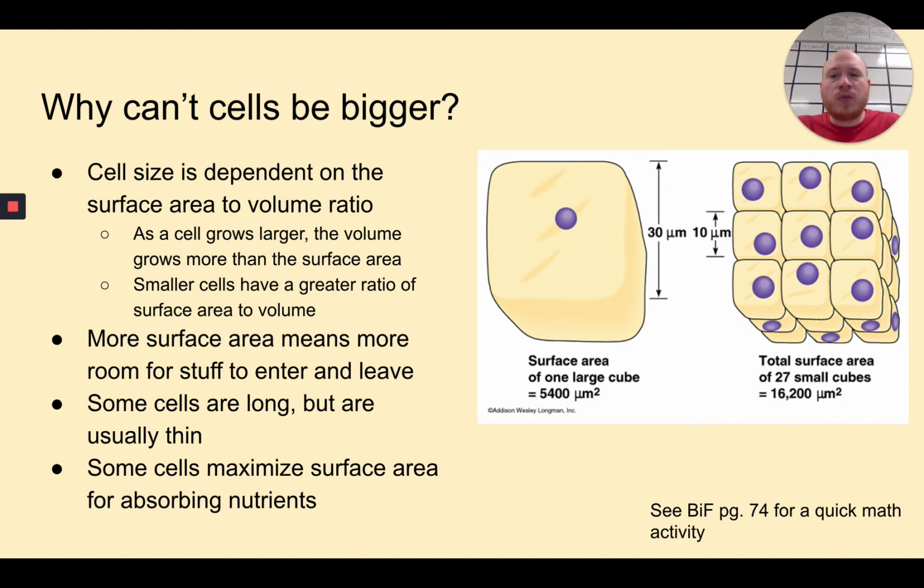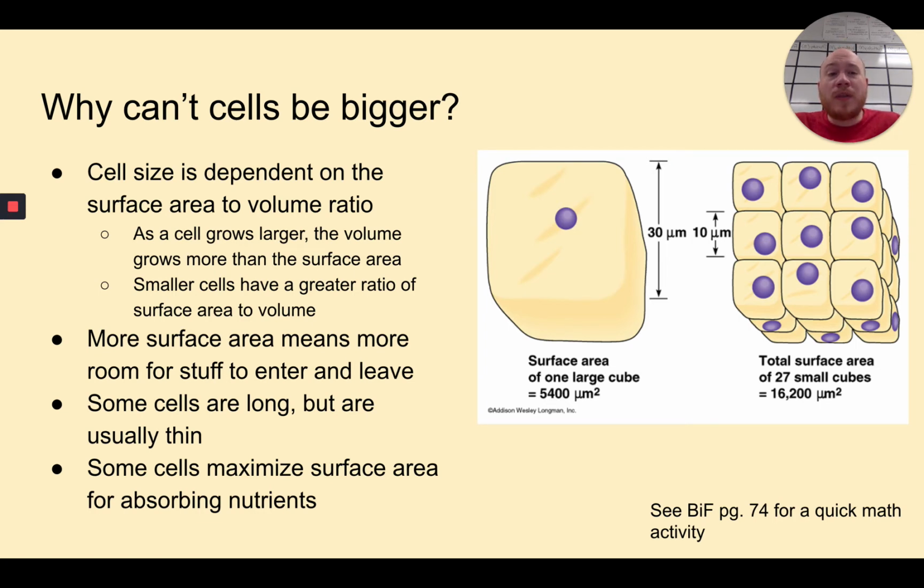So as a cell grows larger, the volume grows more than the actual surface does. The volume inside the cell gets much bigger, much faster than the outside skin of the cell, the plasma membrane. When we have more surface area, it means we have more ability to let things leave and enter the cell. So cell transport is very much dependent on how much plasma membrane there is.